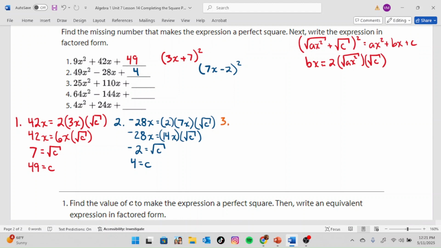Number 3. Bx is 110x. That's going to equal 2 times the square root of ax squared. The square root of 25x squared is going to be 5x times the square root of c. 2 times 5x is 10x.